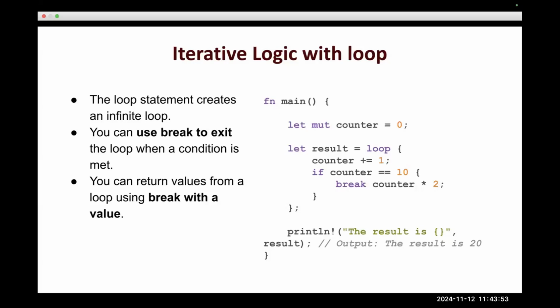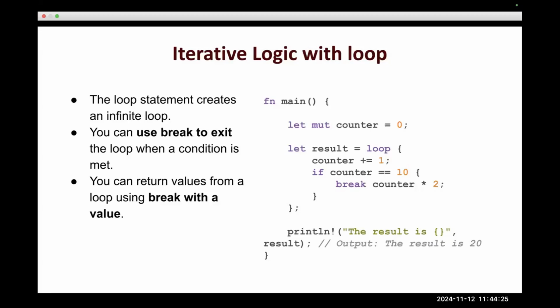Also you can break out with a value, so you don't need to have any return statement or anything like that. When you break out, the loop will automatically return the value from the break to the left-hand side, whichever you have. So loop itself could simply contain multiple statements, or could have a conditional statement that gives you the value through the break statement.